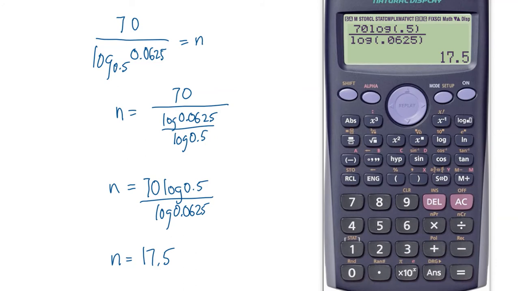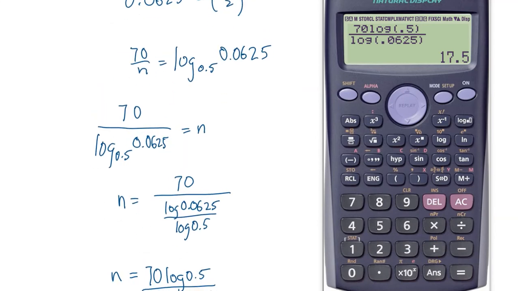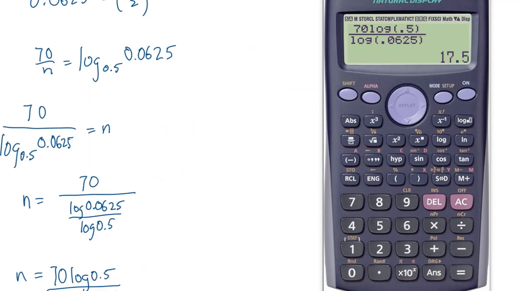So I use the change of base formula to do that. And then you would flip and multiply, so it would be 70 log 0.5. But I don't understand how the 70 got on top. If it's on 70, it's on top. N, then wouldn't you isolate by multiplying by 1 over 70?